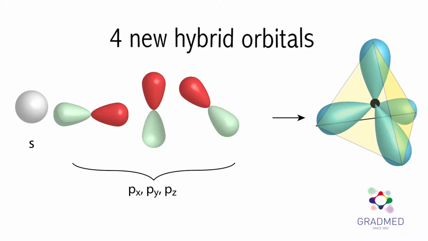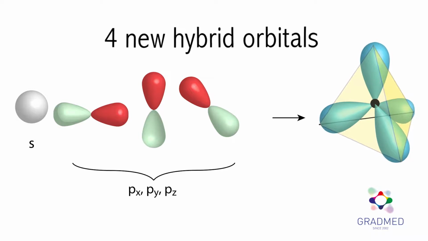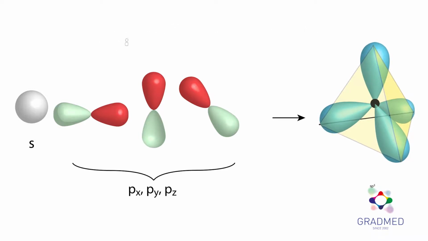When it does this, it forms 4 new hybrid orbitals called sp3 orbitals, and these are shown on the right of the diagram. The key with these orbitals is that all 4 have the same shape, meaning that when the carbon atom forms bonds using these hybrid orbitals, it will form 4 bonds only, and all of these bonds will have the same shape and length.